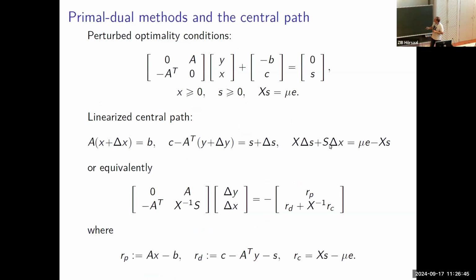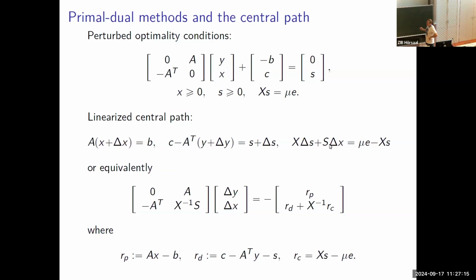So moving on, let's restate the optimality conditions from the previous slide in this form. So that's exactly the same as before. The only thing is that now we relax strict complementarity by this, that x times s is some small number mu element-wise. So it's a relaxation of the original optimality conditions.